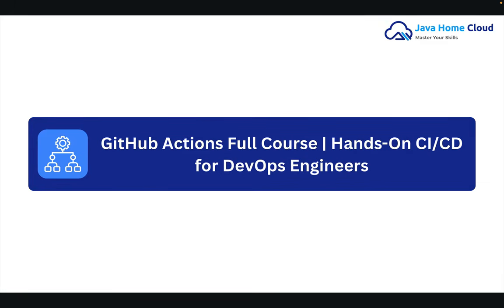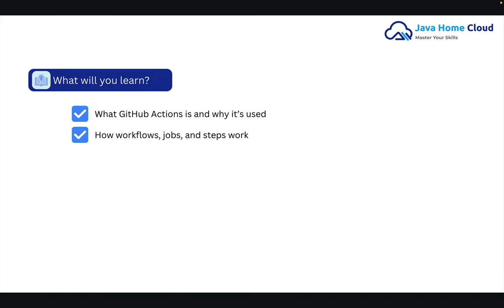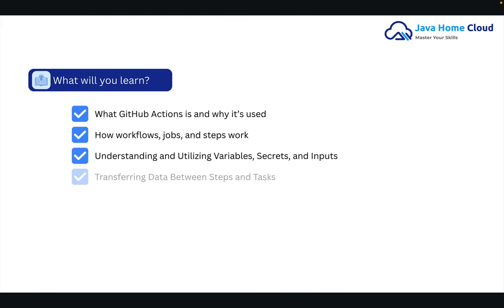This course is for DevOps engineers where they get hands-on implementation of CI/CD. Let's see what you will learn as part of this full course. Number one, what GitHub Actions is, why it's used, how GitHub Actions workflows, jobs, and steps work, and also understanding and utilizing variables, secrets, and inputs, transferring data between steps and tasks.